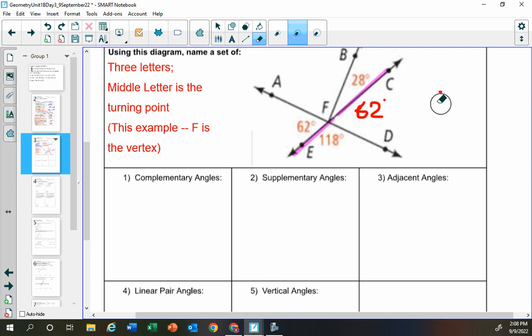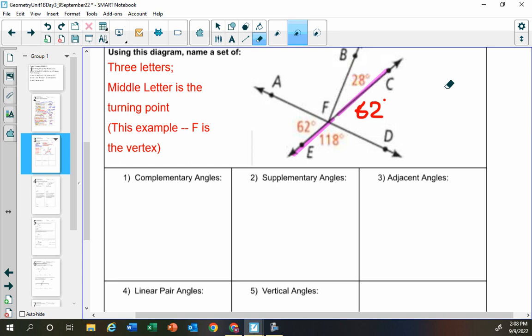Doesn't it have to equal 90? Who has to equal 90? AFE. How'd you get that? How'd you get 90? Talk to us. Because it's a right angle. It's a right angle, yeah. But why would it be a right angle? If one side's 180, the other one's 90. All right.